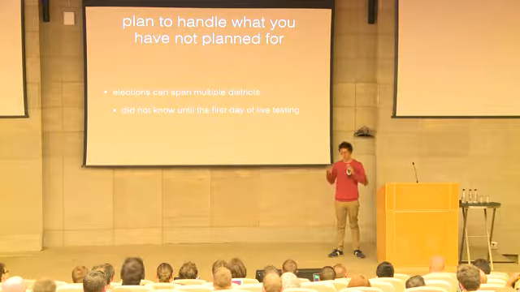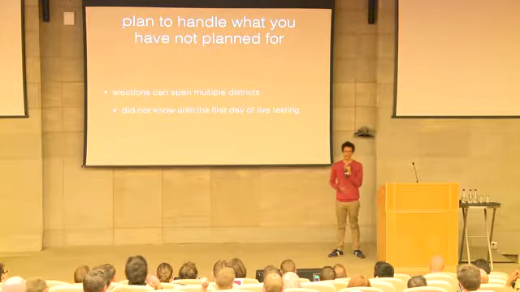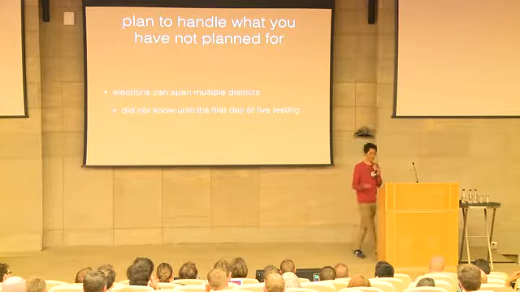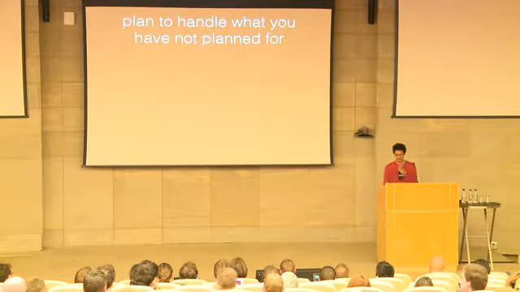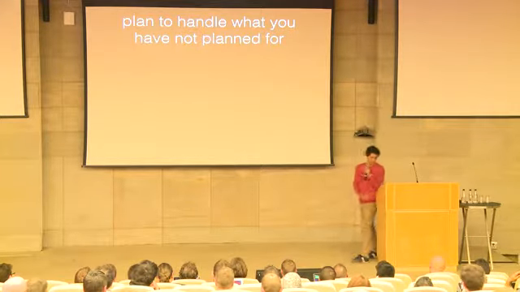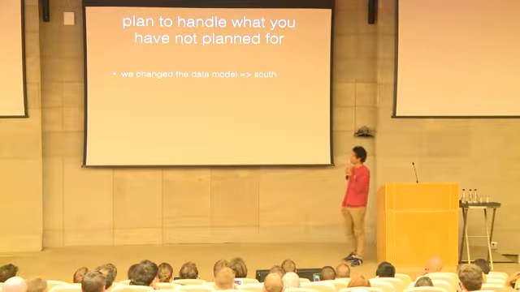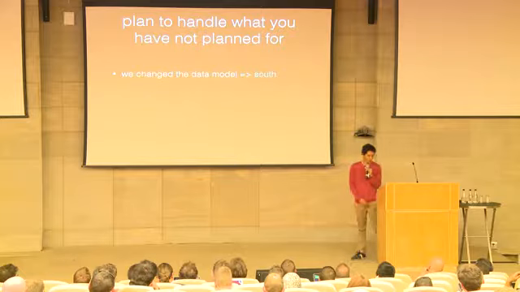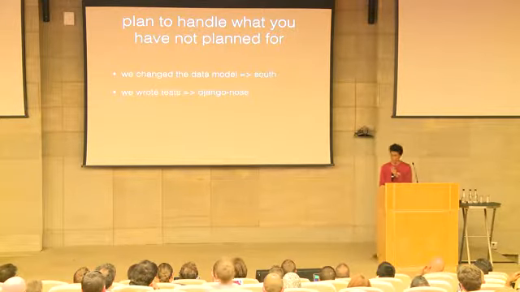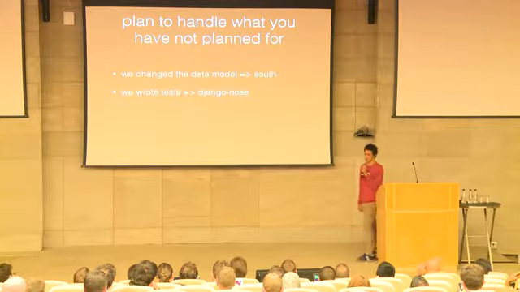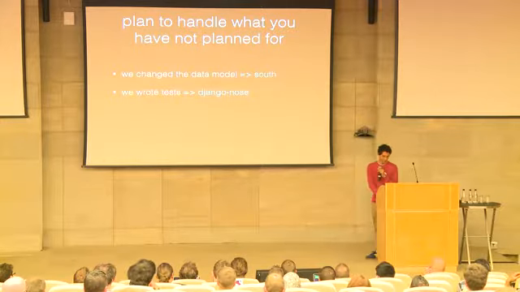So what we did when we found this out was, all right, well, let's figure out how we can accommodate this. And we had a plan. So we changed the data model, and then we changed the database using South migration. We wrote tests using Django Nose. We were pretty sure that we weren't breaking anything else.